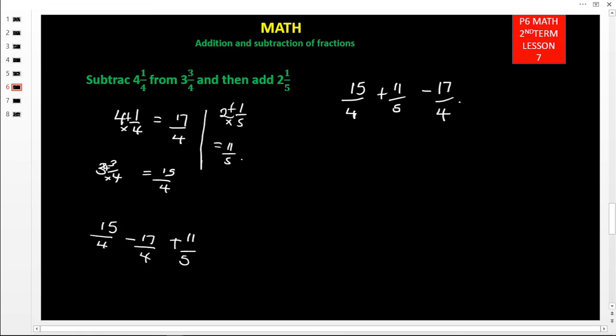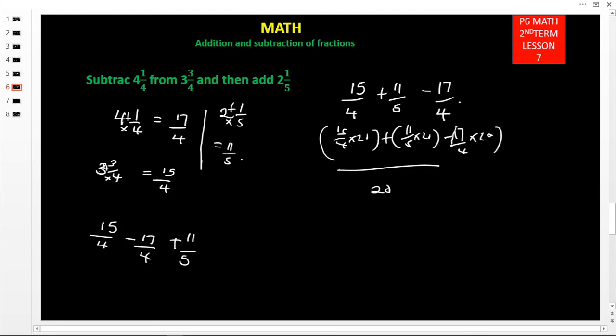So the LCM of 4 and 5 is going to be 20. So that is 15 out of 4 times 20, then plus 11 out of 5 times 20, then minus 17 out of 4 times 20. Then by 4 here, 1 by 4, we are getting 5. 5 times 15, that is 75.